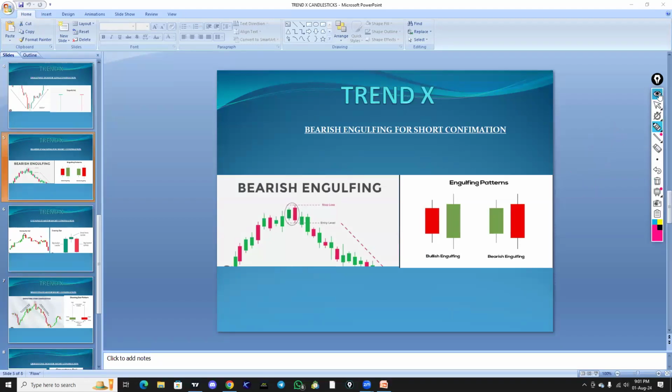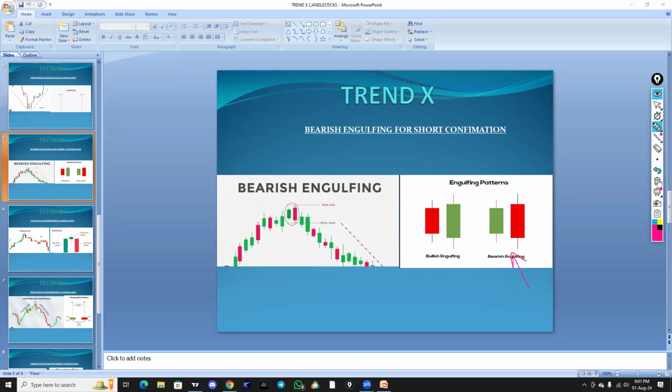So I chose this to make it easy for everyone to understand. Now you'll see which candles those are. The first one is bearish engulf. Again, it should be near trend X or previous day high as R1. So this is how it looks.